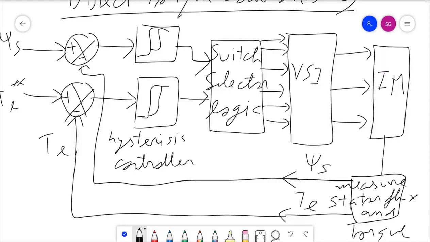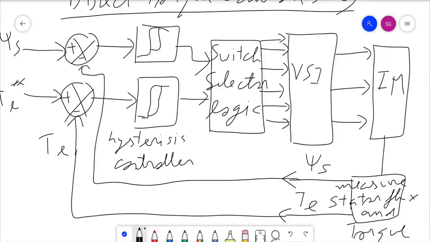Okay, so we can see the control logic has been quite simplified, and this is the most recent technique of controlling induction motor, the direct torque control, in which directly the torque of the induction motor is measured and controlled at a reference torque value through a hysteresis controller.